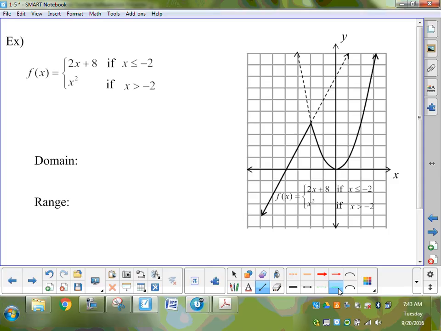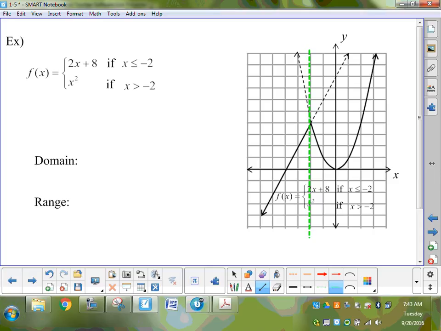And when I say that, I'm asking, where does this move from one piece to the other? And in this case, it would be at -2. So when we do it out, I'm going to ask you to put a barrier somewhere along where that transition is going to occur. And then I'm going to pick some values to the left of it to build the left-hand piece. I'm going to pick some values to the right of it to evaluate out the right-hand piece, and so on.